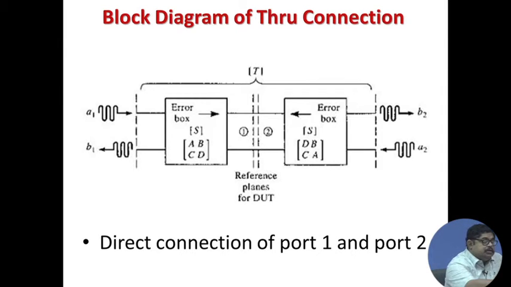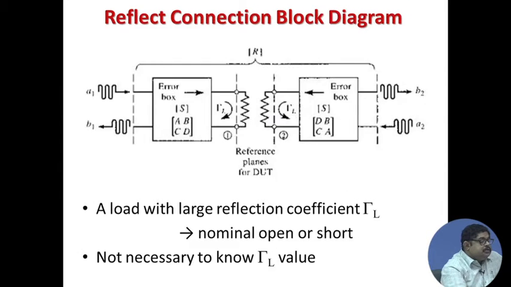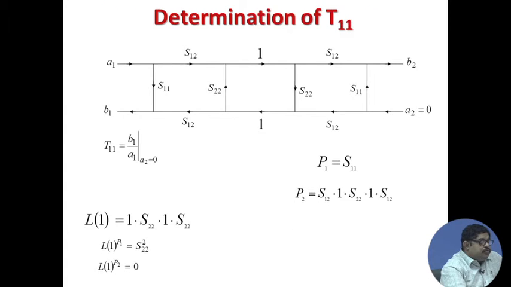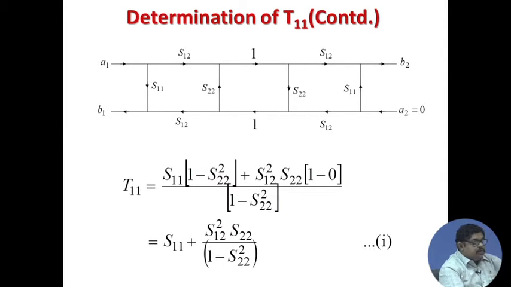It is measuring because these are its internal planes. So, this whole thing it is measuring, and from that measurement it will find T11 in terms of S11, S12, S22.